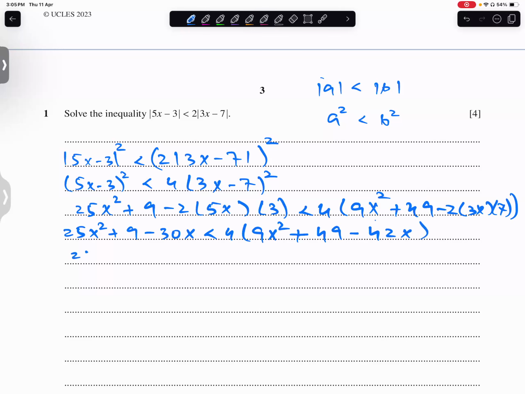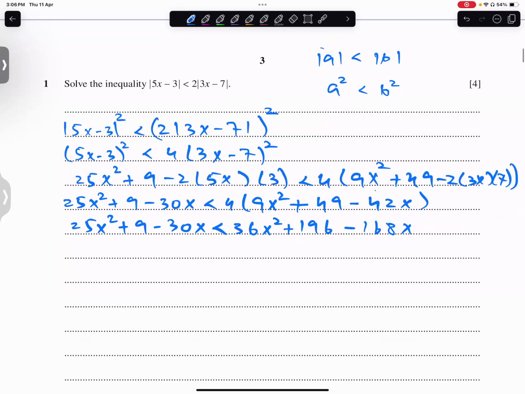Then 25x square plus 9 minus 30x is less than 4 9s are 36x square. And then 49 4s are 196 minus 42 4s are 168x.